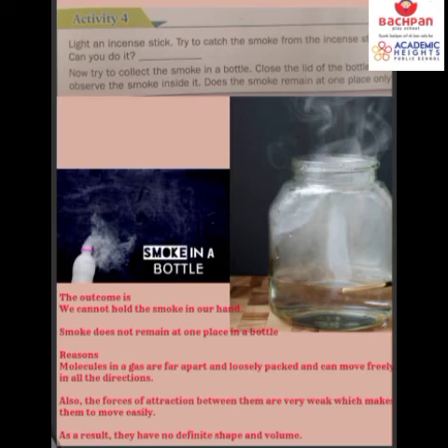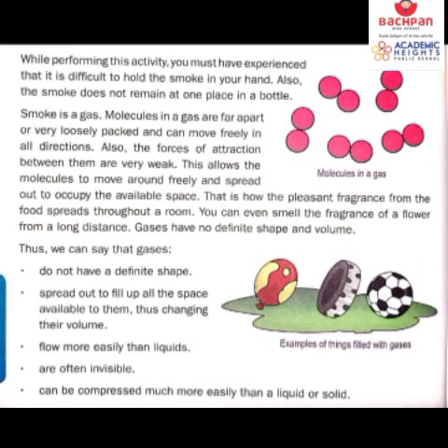So, dear students, remember, the gas does not have a definite shape and a definite volume. Students, while performing this activity, we have experienced that it is very difficult to hold the smoke in our hands. Also, smoke can never stay in our hand. You can do it yourself also. Smoke just passes away. Why so?